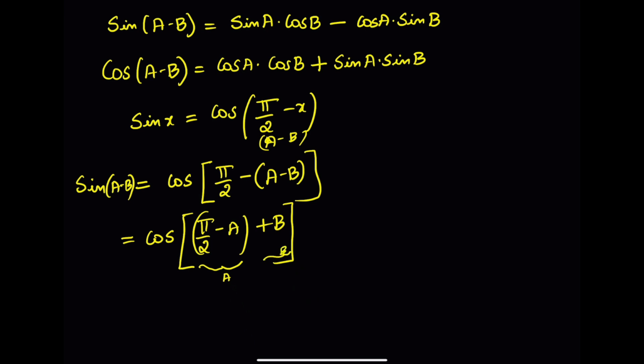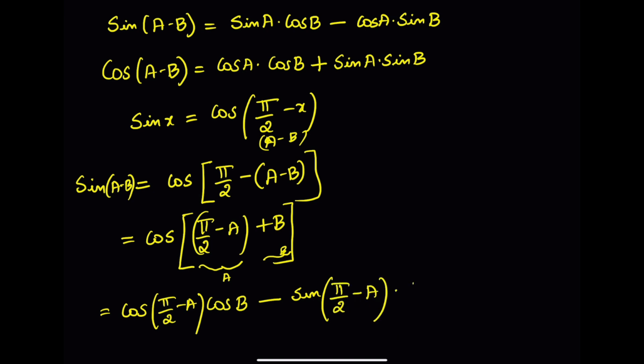Let's apply cos of a plus b now. So we would get cos a, which is pi by 2 minus a this time, cos b, minus sin a, where a is pi by 2 minus a here, and sin b.